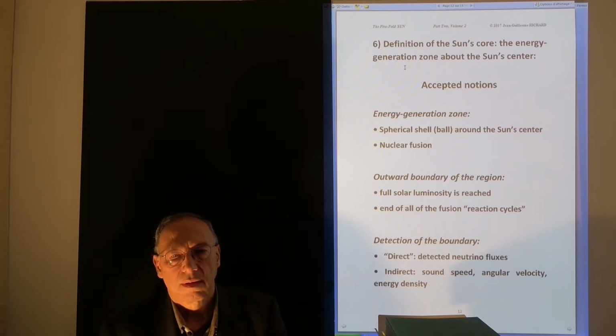That is where the full solar luminosity is reached by these fusion energy reaction cycles, and it is also the radius at which there is no more any evidence of any fusion reaction cycles going on. How is this boundary detected?